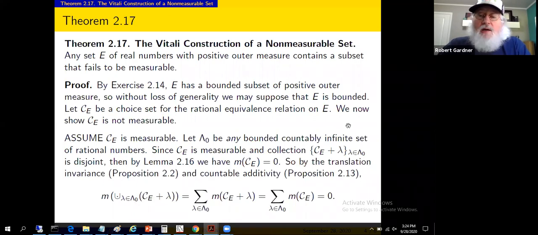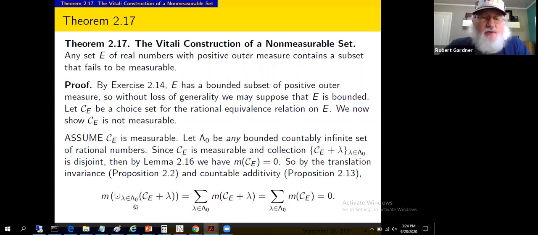Okay, no problems there so far. What we're going to do is take C sub E and do some translates of it, very similar to what we did in the third edition at the same point. So if we take C sub E and translate it by lambda, where lambda ranges over any collection of rational numbers, countably infinite and bounded.